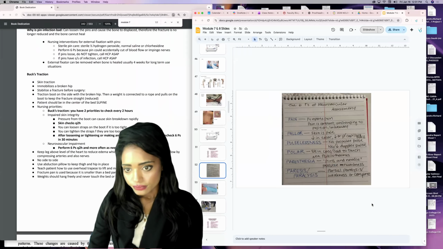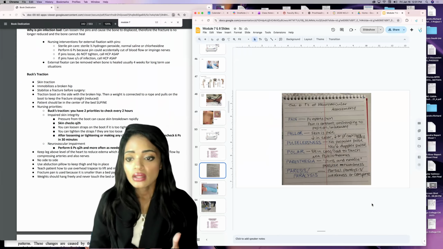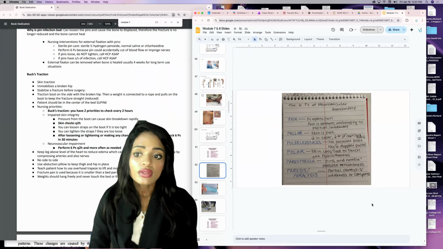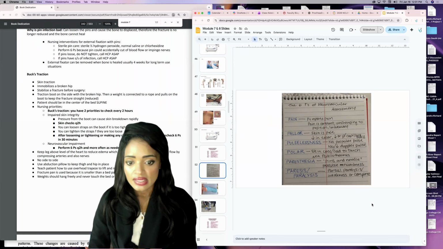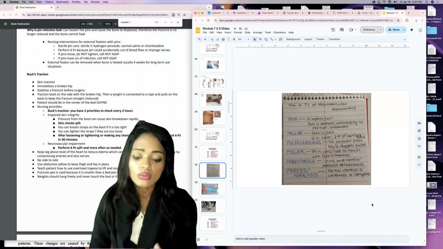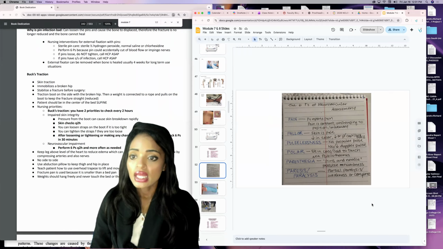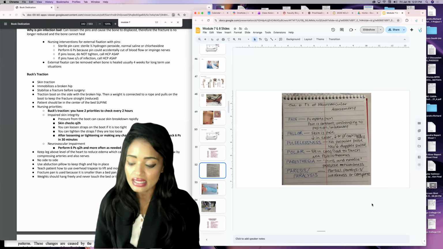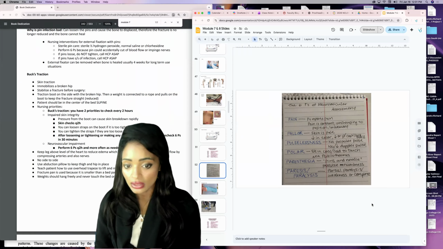So: pain, pallor, pulselessness, polar, paresthesia, and paralysis. This is what we call the neurovascular assessment. It is a way to assess the neurological and circulatory status of an extremity or an area.